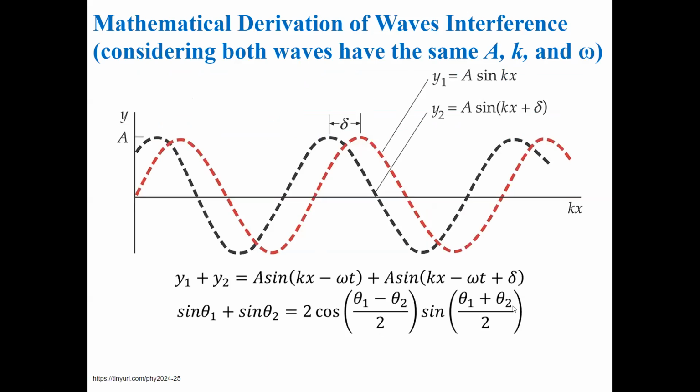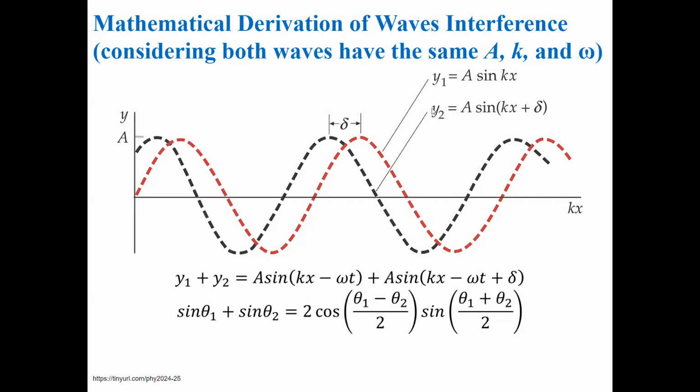Now let's look mathematically at when the two waves interfere. As I said, you simply do the algebraic sum of the two. For example, if you express wave one in a sine function, this is the amplitude of wave one, and sine of kx.